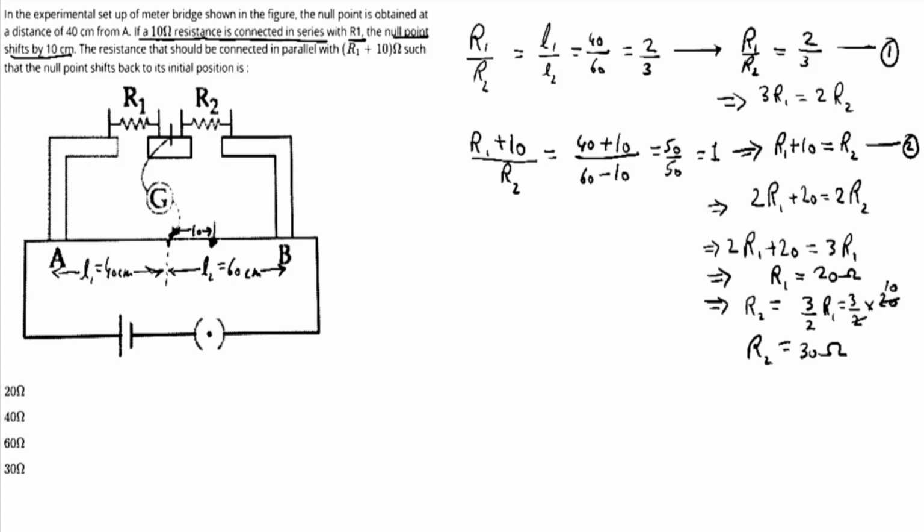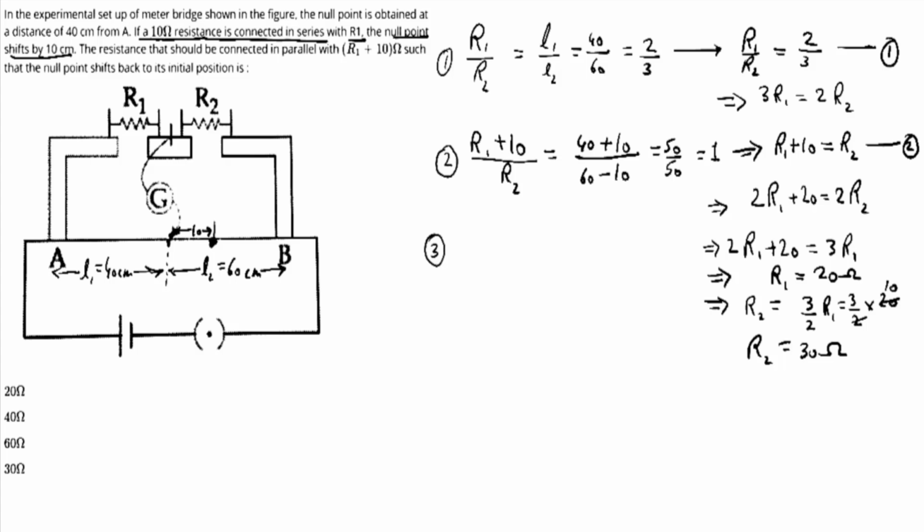So these are the two values we have got, and this value we will use for the next condition. This is the one value and this is another value of R1 and R2 we have. Now we use the third condition. This is the second condition, this is the first condition.